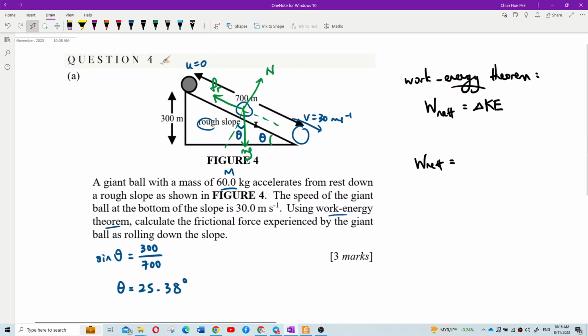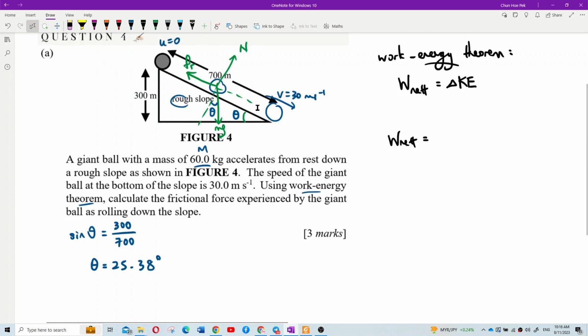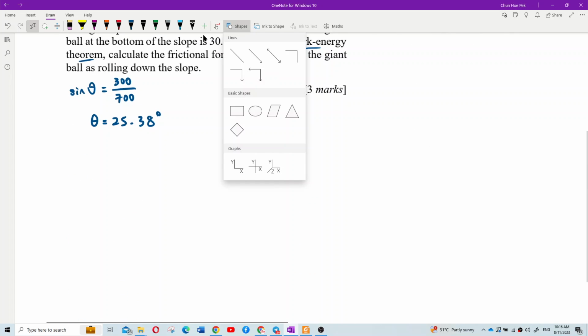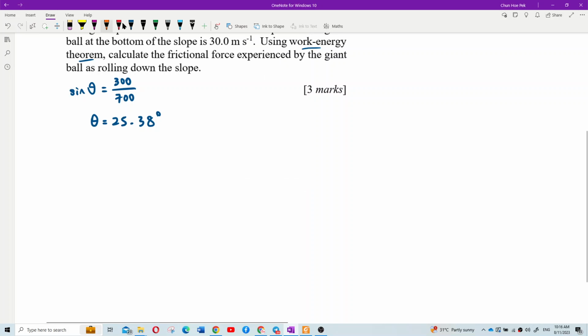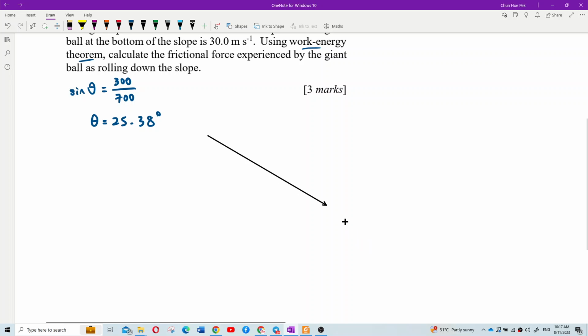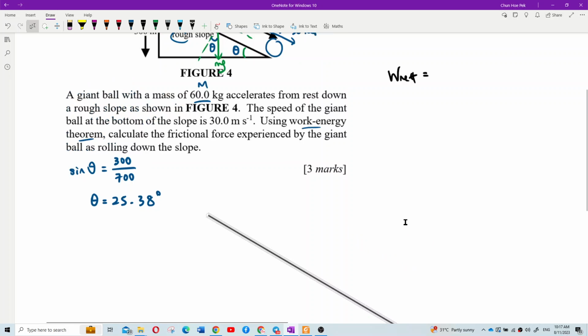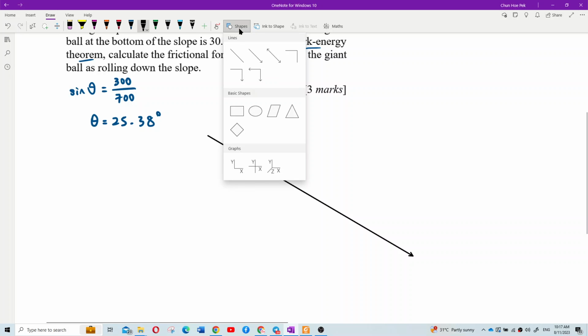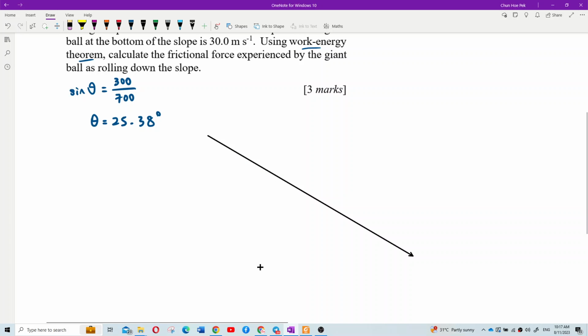Let me redraw the diagram so that it's better. Okay, that is nice. Done.